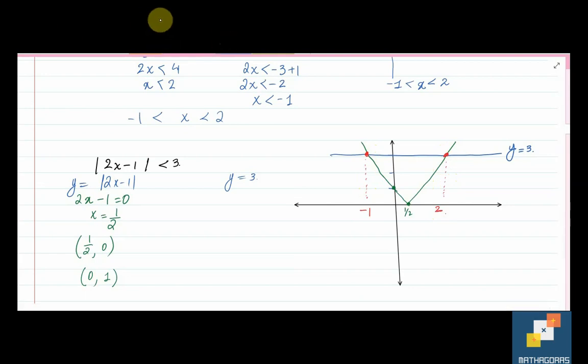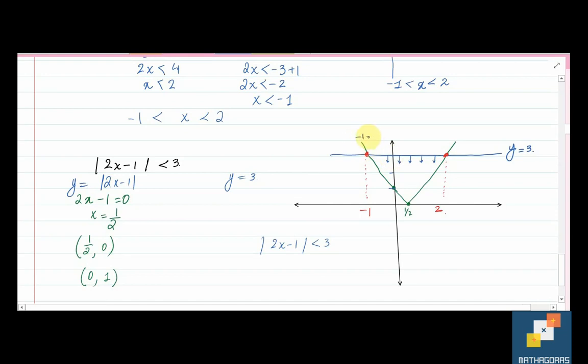Now the solution set in graphs. The question is 2x minus 1 should be less than 3, and you have the graphs of both functions on your screen. Less than 3 means we need to move below this line, right? Because it says less than 3. At this point the value of x is minus 1.